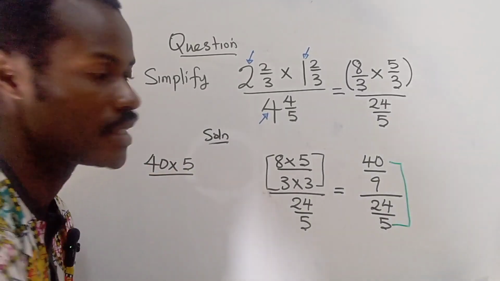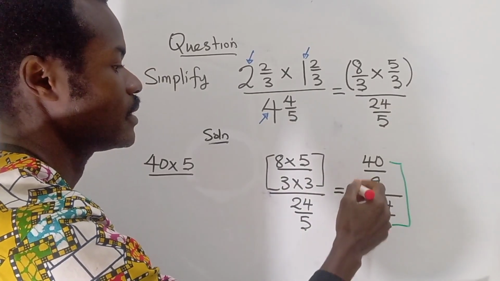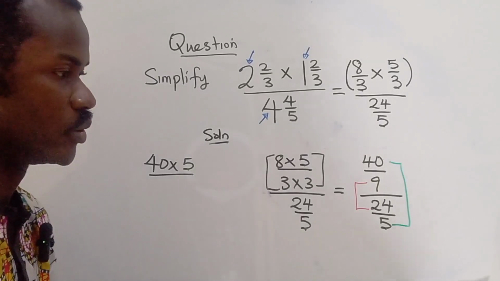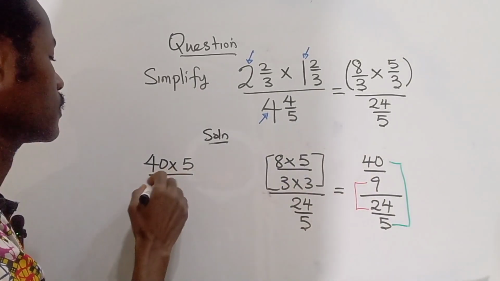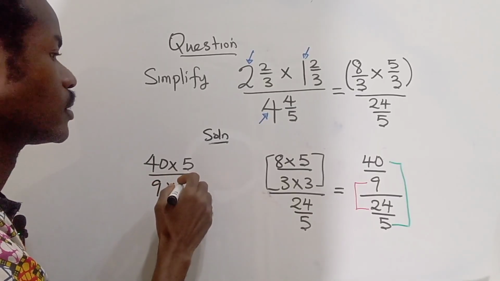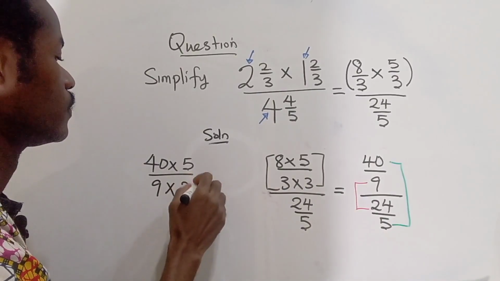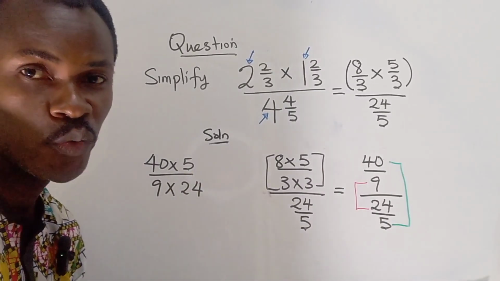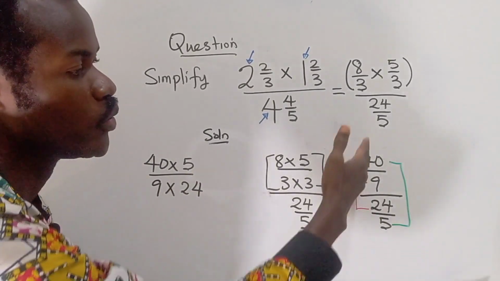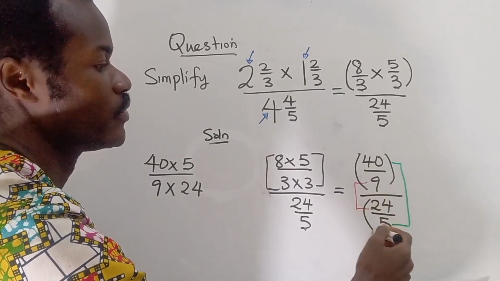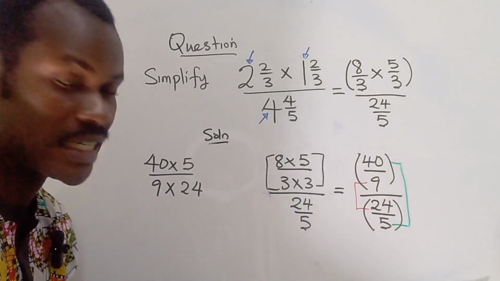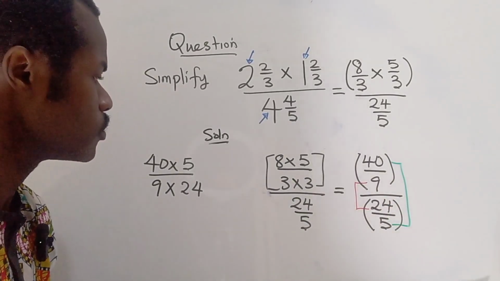Now, what is left is this and this, so we are also going to multiply those: 9 multiplied by 24. So this is one way to quickly solve when you have a fraction on top and a fraction down as the denominator.